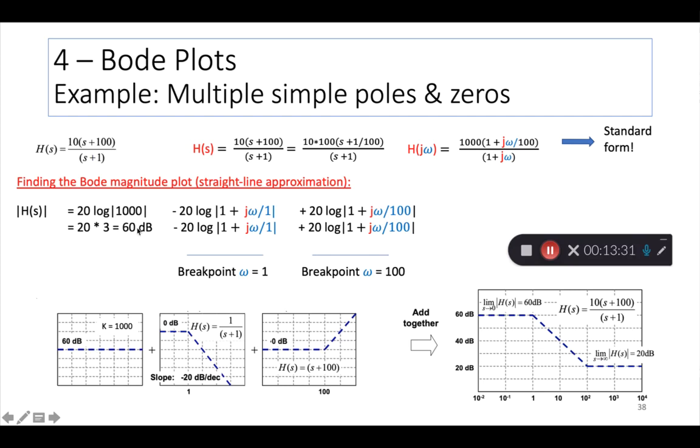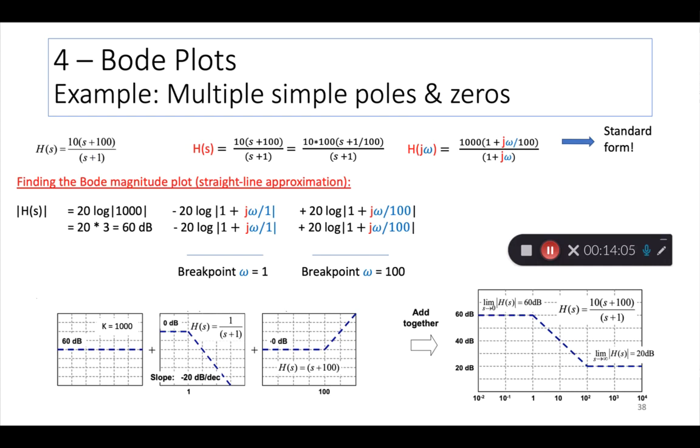So we have the 60 decibel, and it's a constant, so there is just a constant line at 60 decibel and nothing more to talk about. The next factor is the pole, which originally was H(s) equals 1 over s plus 1, as given in the original transfer function. So how does that plot? If you remember in our summary sheets a few slides ago, I said when there is a pole, it has two pieces.